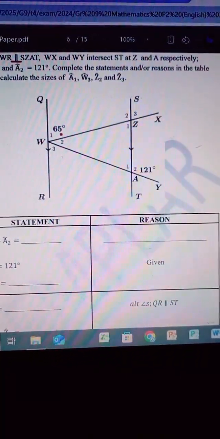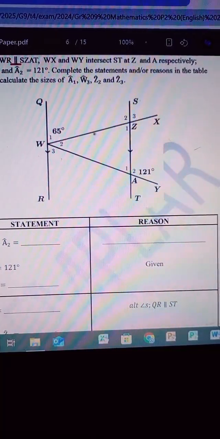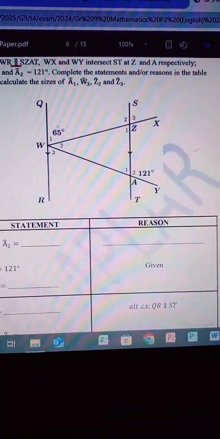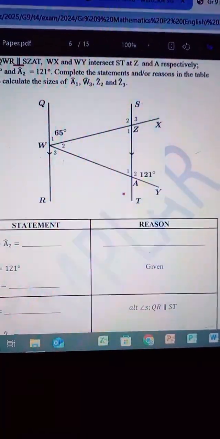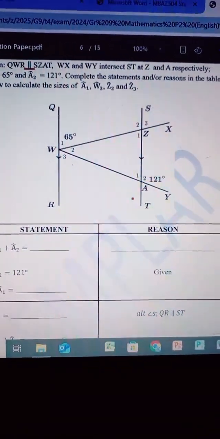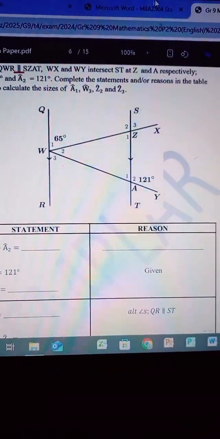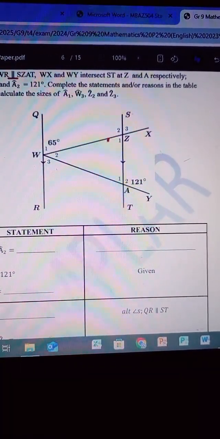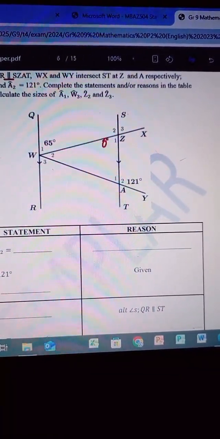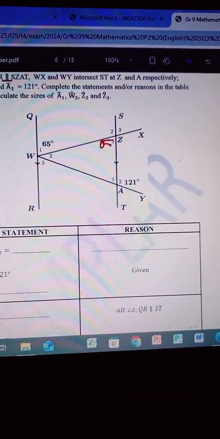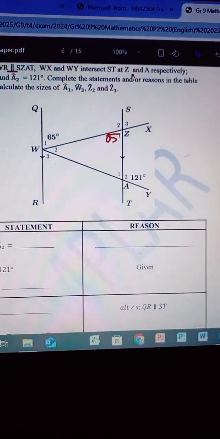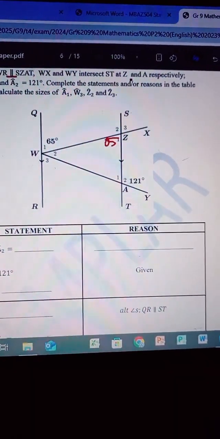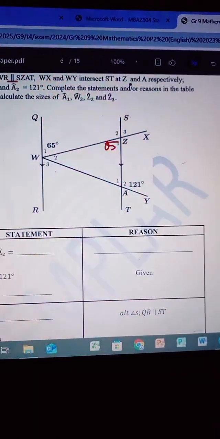So what do we do here? 65, that means these are parallel. So because of alternate angles, Z1 is going to be 65 also. Let me draw this thing.